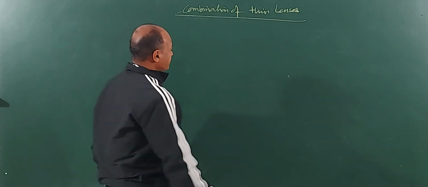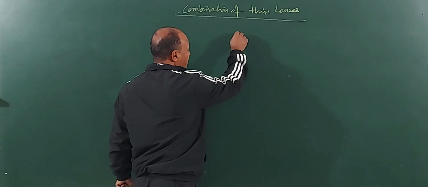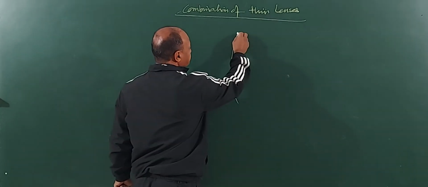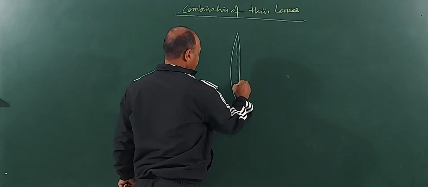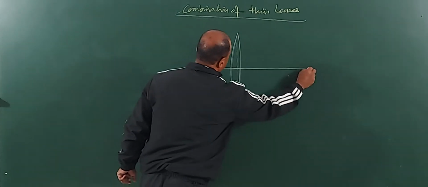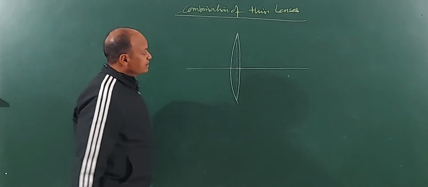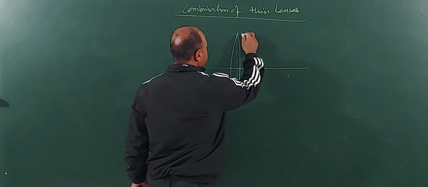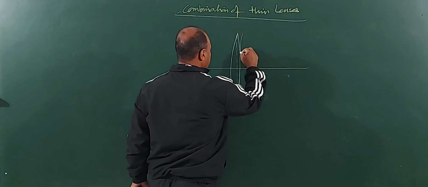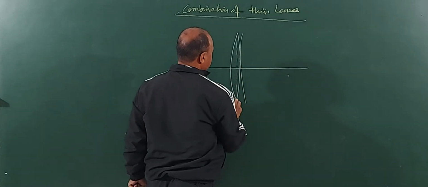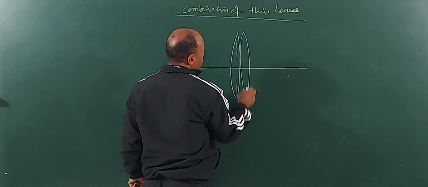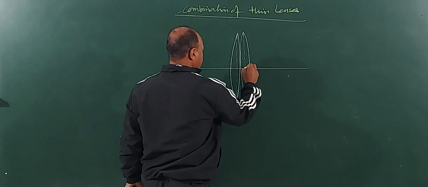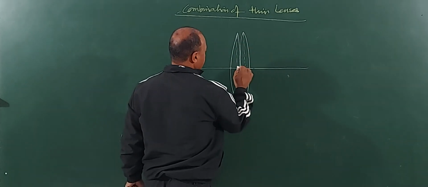Coaxially, like this. This is one thin lens here, and this is the principal axis. We are placing another thin lens out here. This is another thin lens, and you can see that both of these thin lenses have been placed in contact here at this point.